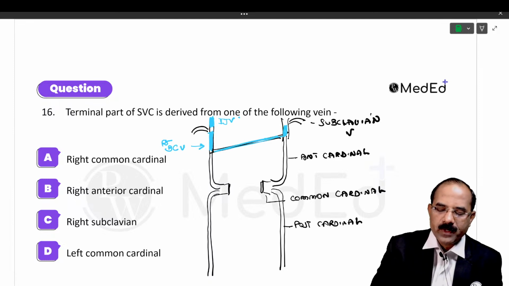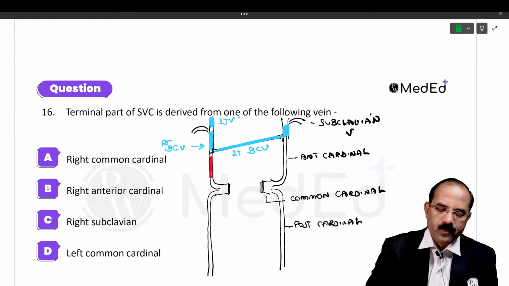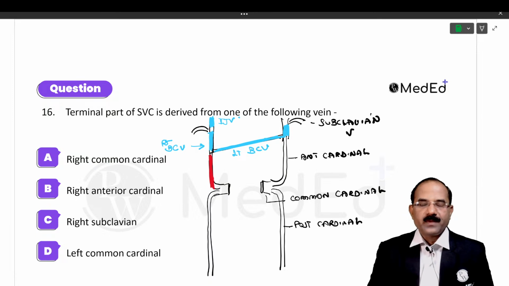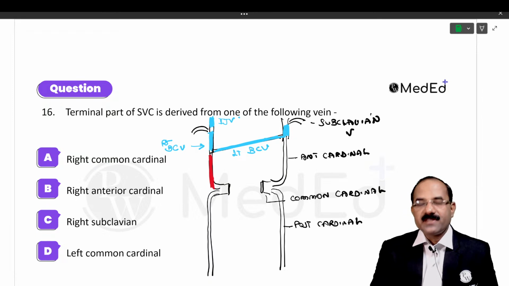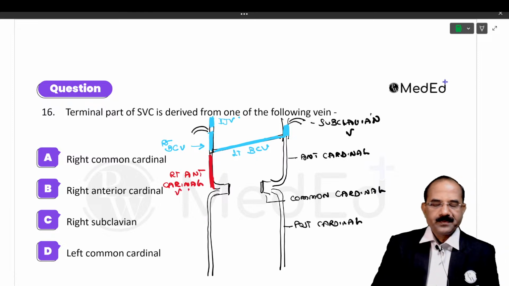That's the left brachiocephalic. Now students, what is this going to form? This is going to form the SVC. So SVC is derived from the right anterior cardinal vein.